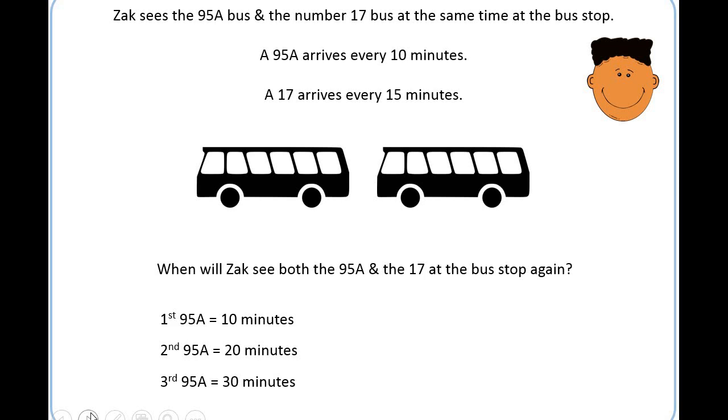Okay, so imagine he's literally just saw them together and now he's going to have to wait another 15 minutes for the next number 17 and then 30 minutes for the number 17 after that. So we've spotted again, I've got the same number appearing in both, so it will be 30 minutes time before both buses can be seen at the bus stop at the same time.